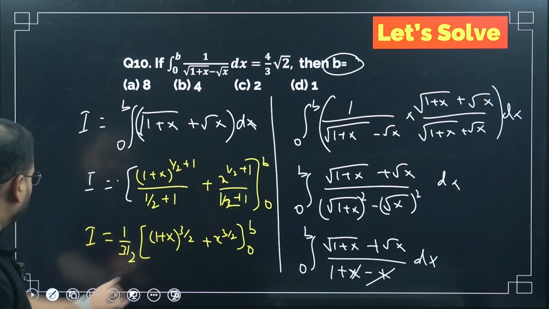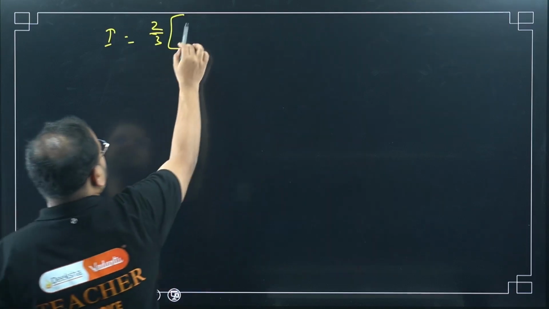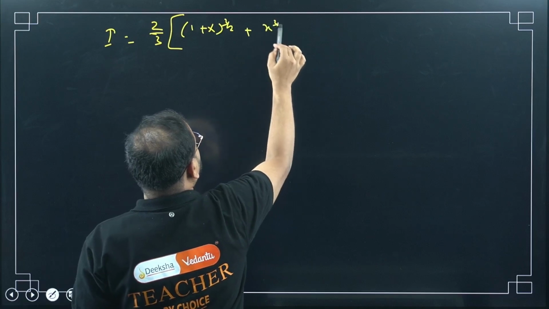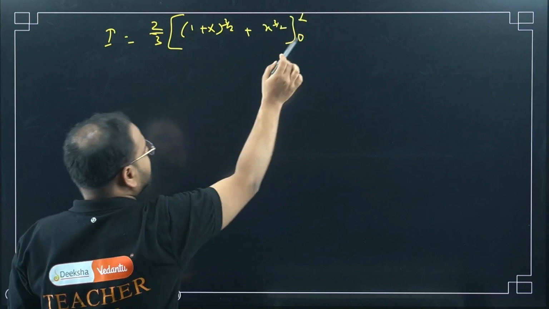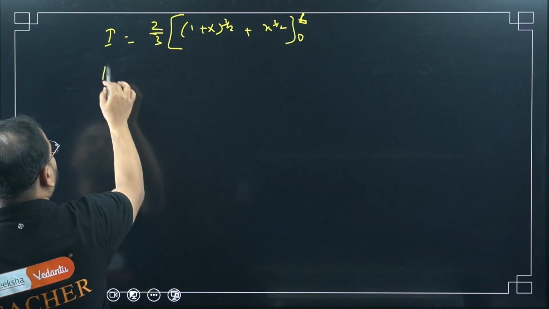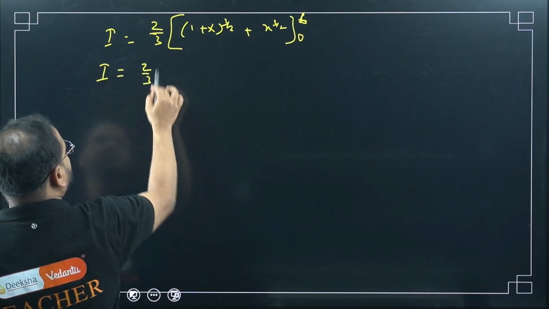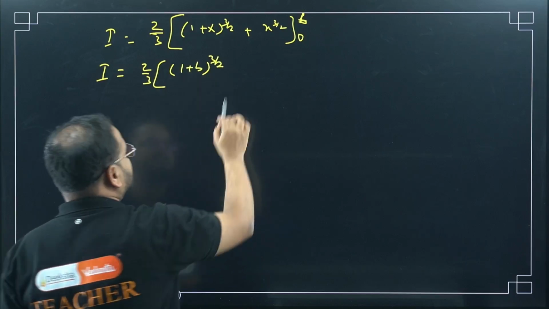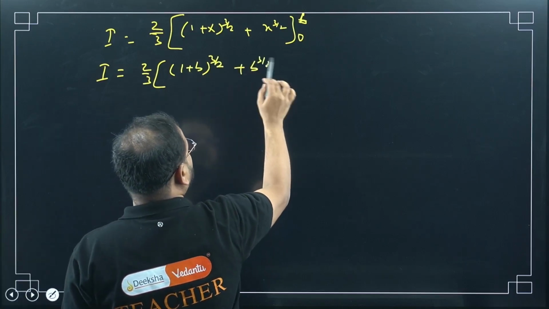So 1 plus x to the power 3 by 2 plus x to the power 3 by 2, limit 0 to b. Now put in the value of b. My I equals 2 by 3 times 1 plus b to the power 3 by 2 plus b to the power 3 by 2.